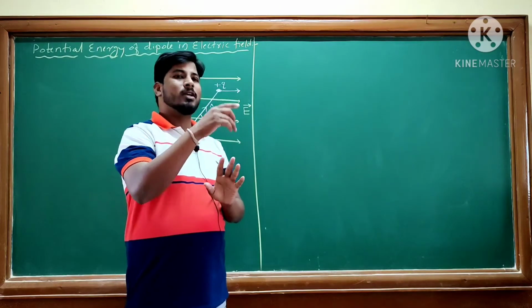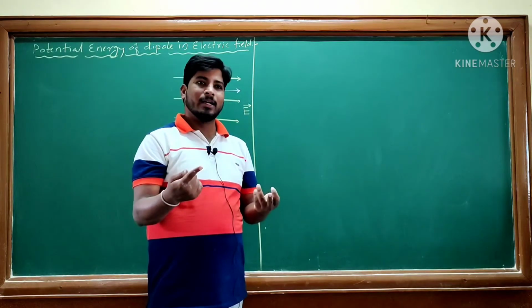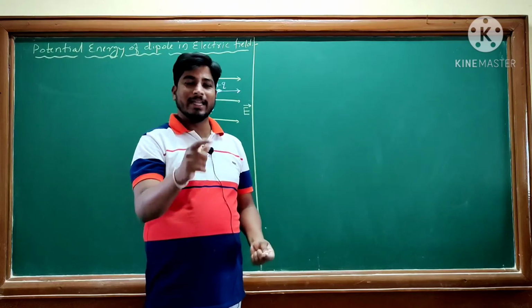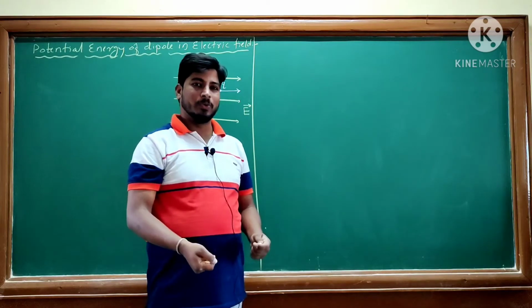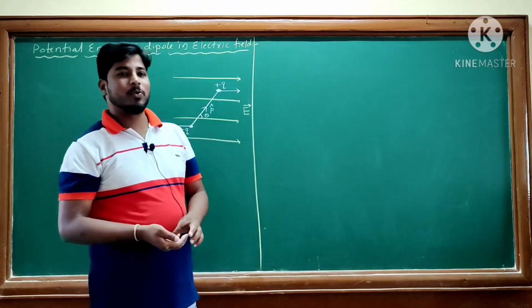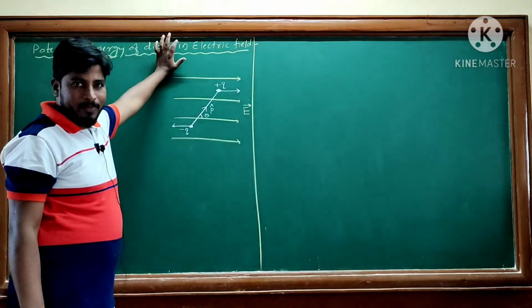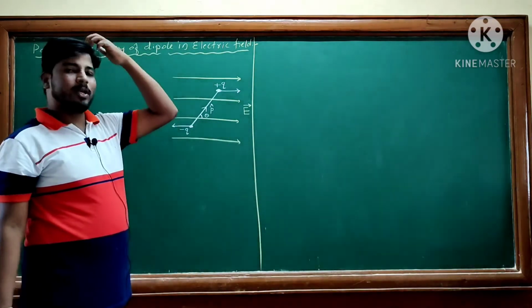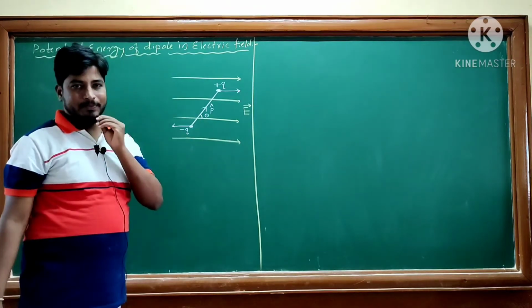So the work done, say from theta 1 to theta 2, is stored as what? Potential energy of the dipole. That work done is stored as the potential energy of the dipole. That is what we are going to study.